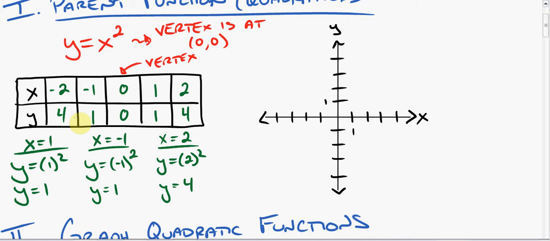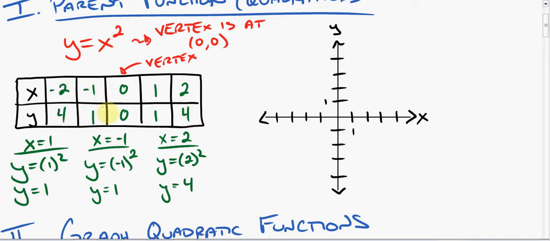So a little trick, whenever you are graphing your quadratic equation, if your x values are the same distance away from your vertex on either side, your y values will be the exact same numbers. So these numbers should always end up being the same, and these numbers should always end up being the same if we've set the problem up correctly.